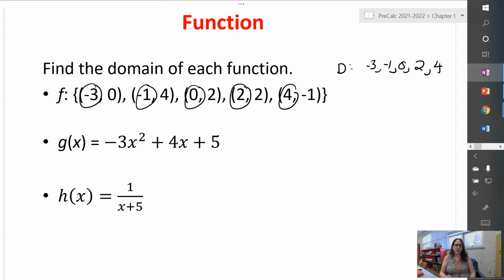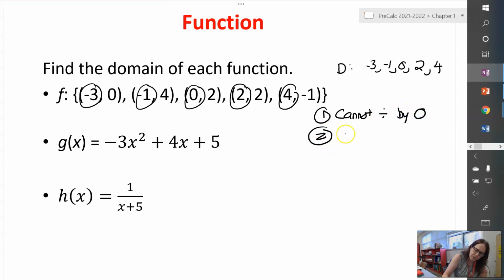Now for g and for h, since you're using equations, there are 2 rules you need to follow. Rule number 1 is you cannot divide by 0. And rule number 2 is you cannot take an even root of a negative number.